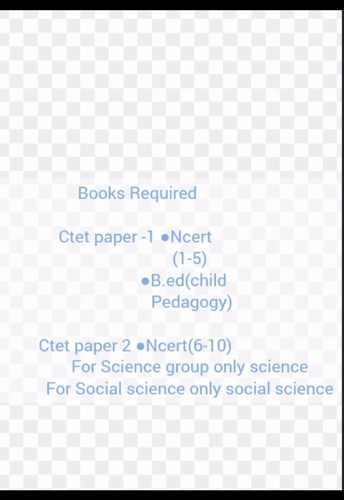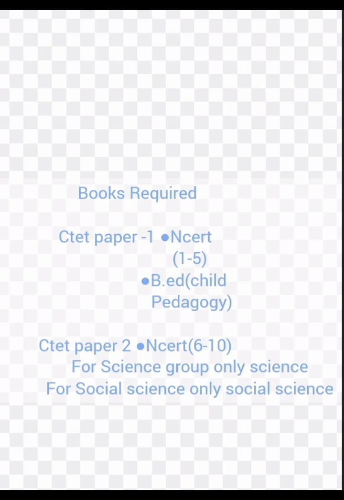Next, the main important question, what books you have to read to qualify the exam. For CTET paper 1, you have to read NCERT 1 to 5, especially 3 to 5 EVS is very important, and whatever you have done in B.Ed or D.El.Ed, you should go through the book, especially the child psychology portion and the teaching and learning.